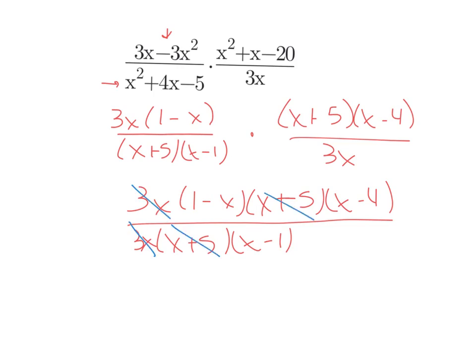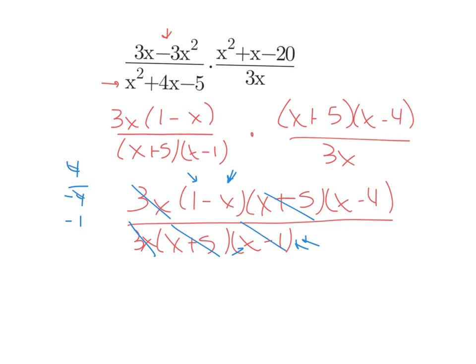Now, one thing we haven't been over, 1 minus x and x minus 1 are opposites of each other. The reason they're opposites is because they have different signs. This one is positive, the one down here is negative. This x is negative, this x down here is positive. And because they're completely opposites, you can cancel opposites. Think about this. If I have 4 over negative 4, that's negative 1, because you can cancel the opposites.